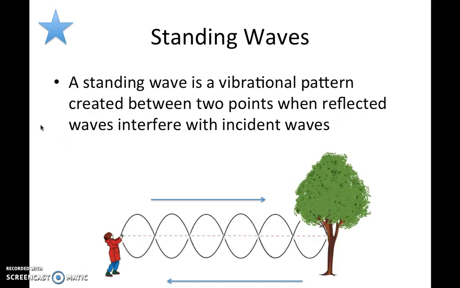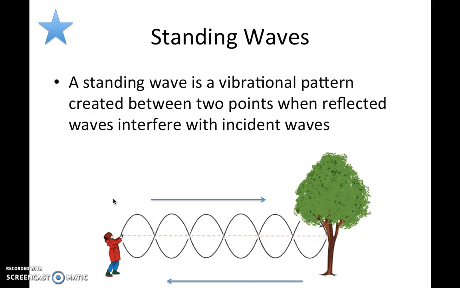All right, so what is a standing wave? We just saw an example of one. A standing wave is essentially any wave between 2 points. We can define it as a vibrational pattern created between 2 points, where the reflected waves interfere with the incident waves. The incident waves are the waves that are produced by the source.